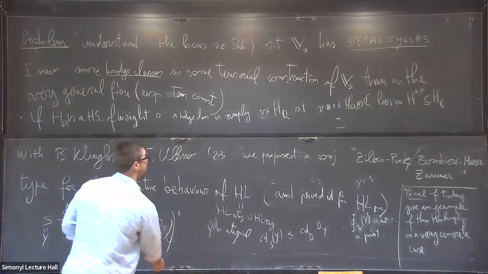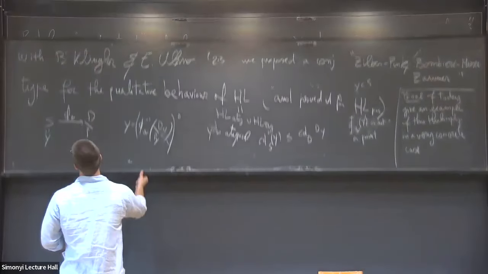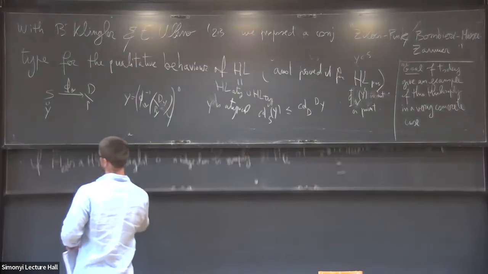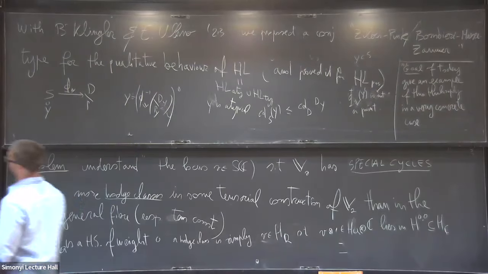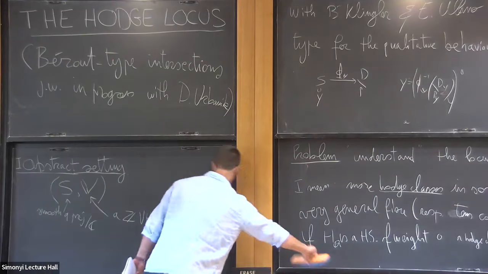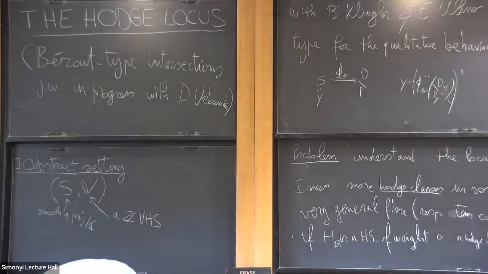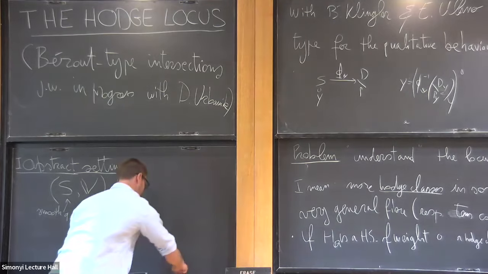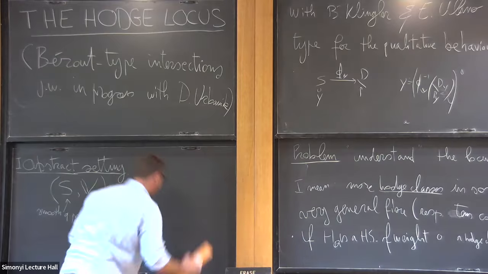Okay, so let me go to the second part of the talk, and so to speak of these Bezout-type intersections. Maybe very briefly recall what I mean by a Bezout-type intersection. Everybody knows it.